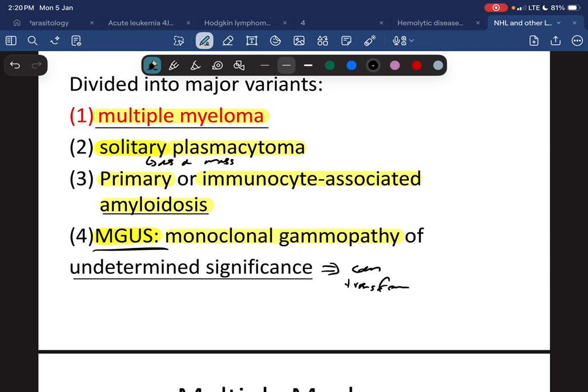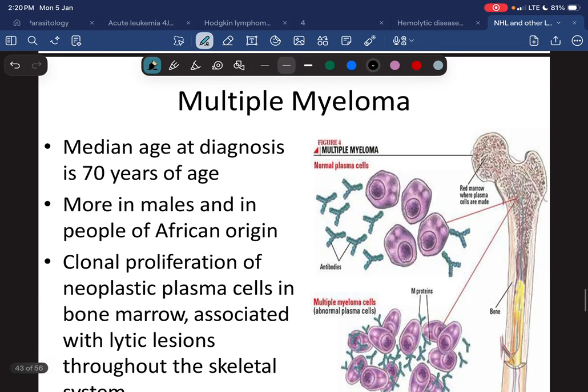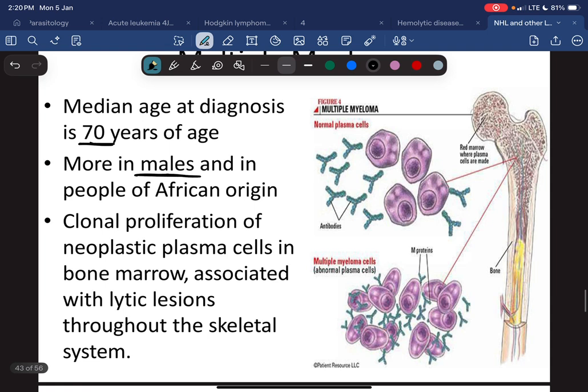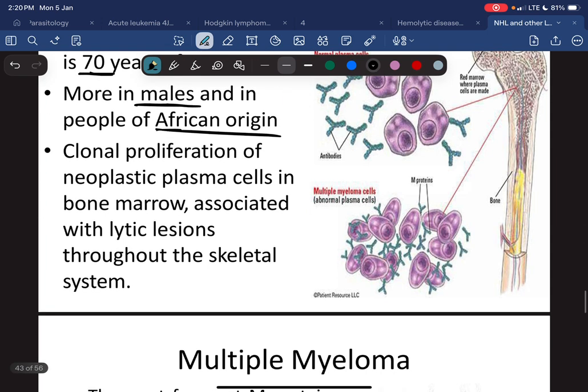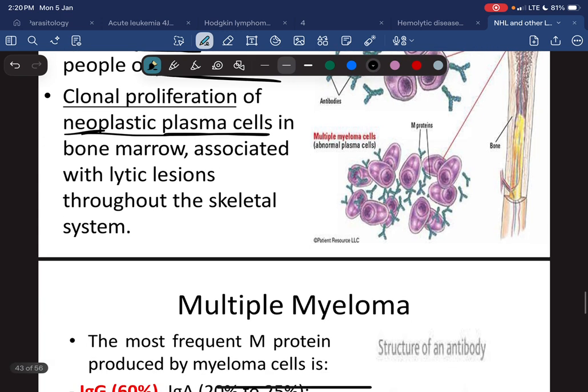Median age at diagnosis is around 70, so it is a disease of the elderly, more in males, of African origin, characterized by clonal proliferation of neoplastic plasma cells in the bone marrow associated with lytic bony lesions.